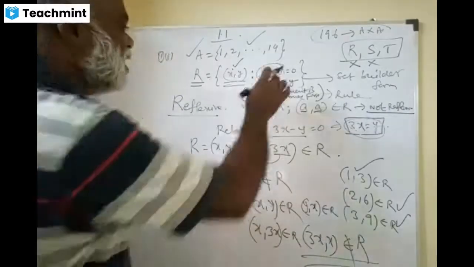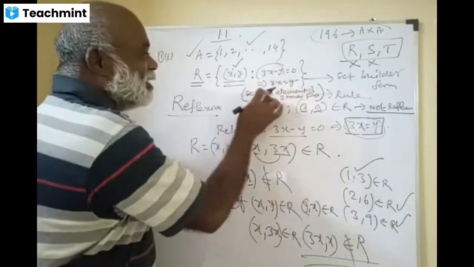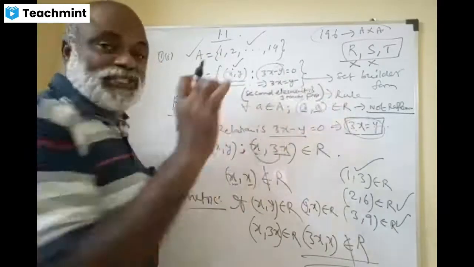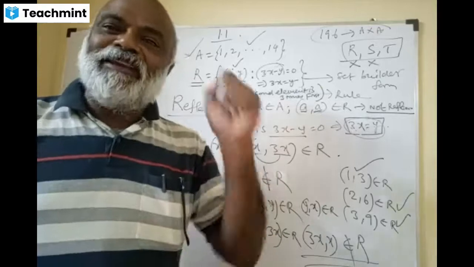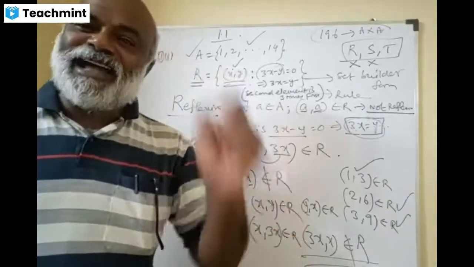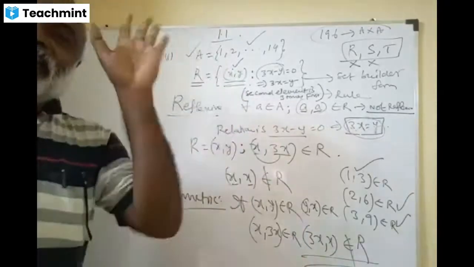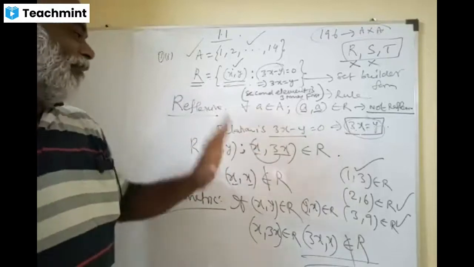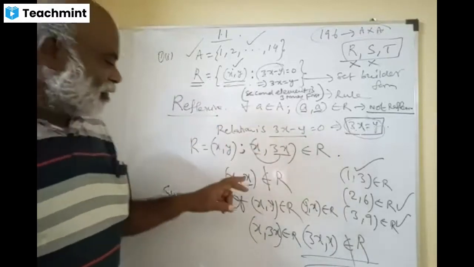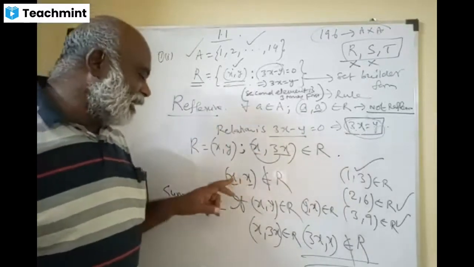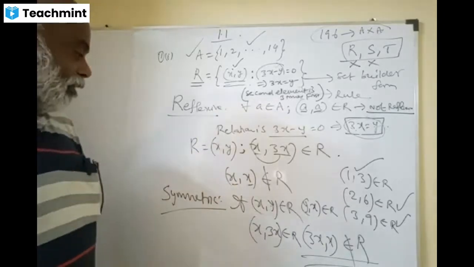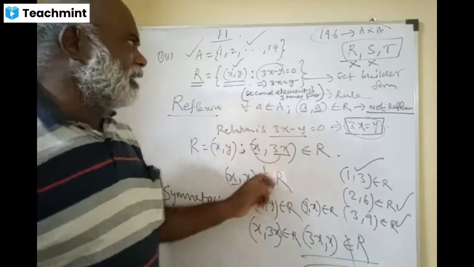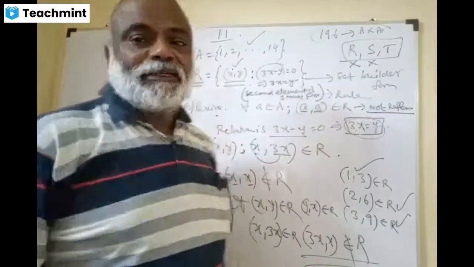The relation is: in an ordered pair, the second element should be 3 times the first element. That you follow every time, please. Here the second element is not 3 times the first element. It is not a relation, not a reflexive relation.